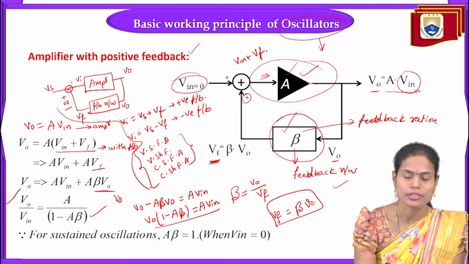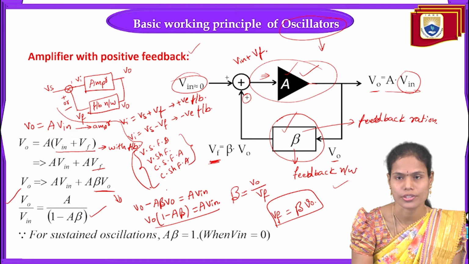Here A beta is nothing but the open loop gain of the oscillator.